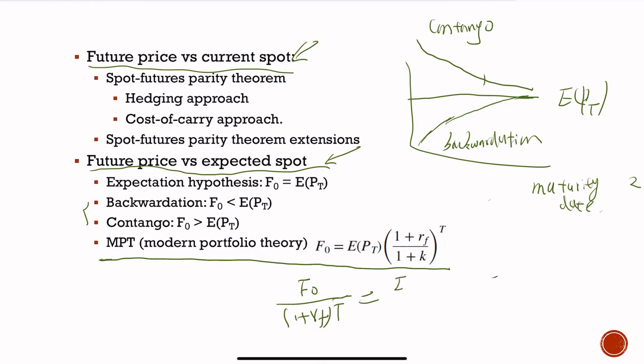And if you buy using this future spot price E(P_T), then there is risk. So you should discount this number with 1 plus k. Here k is the cost of capital solved by CAPM, right? And then you will get this result.